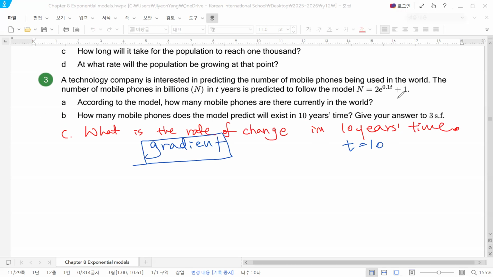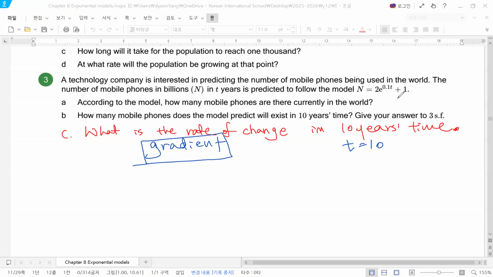N equals 2 e to the power of 0.1 t. And then guys, let's say n star equals 2 times e to the power of 0.1 t, and there is n equals 2 e to the power of 0.1 t plus 1.